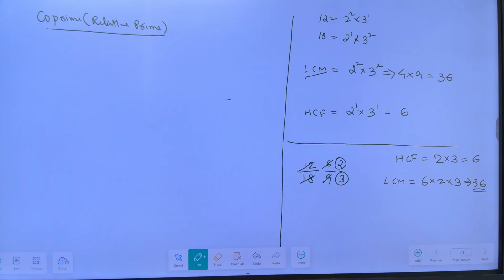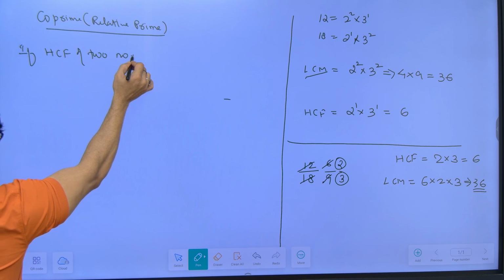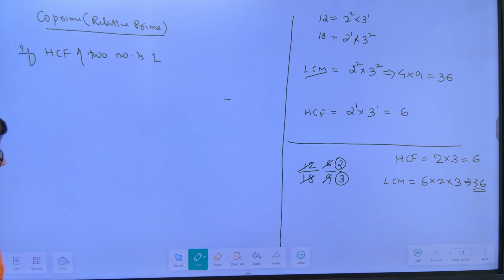If the highest common factor of two numbers is 1, then they are said to be co-prime. That means you cannot divide them.